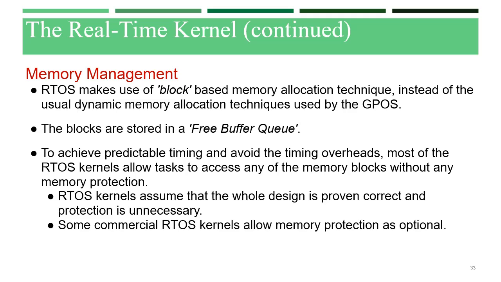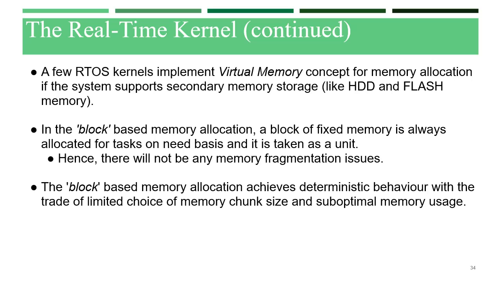Some commercial RTOS kernels allow memory protection as optional, and the kernel enters a fail-safe mode when an illegal memory access occurs. A few RTOS kernels implement the virtual memory concept for memory allocation if the system supports secondary memory storage like HDD and flash memory, where HDD is hard disk drive.